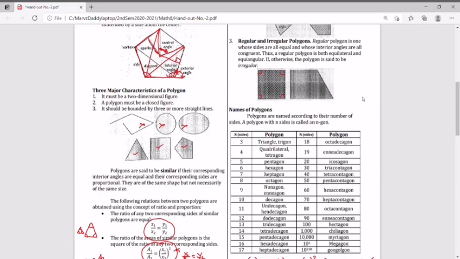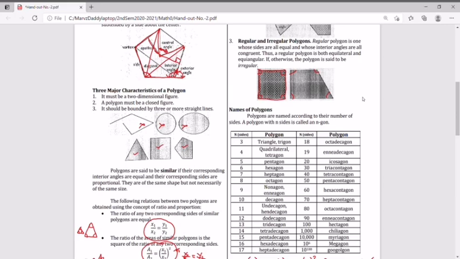Equilateral meaning its sides are all equal, and equiangular meaning all internal angles are of equal measurement. Otherwise, that polygon is said to be irregular. For example, this one has different angles and also different lengths. If it is not equiangular and equilateral, that is an irregular polygon.